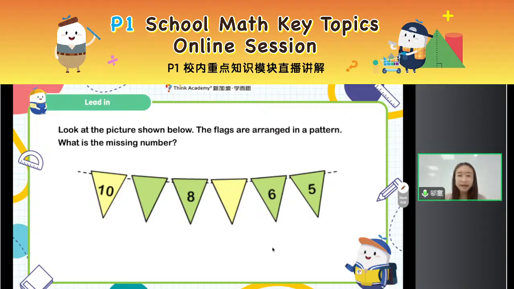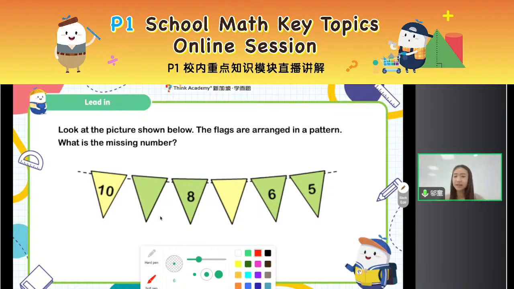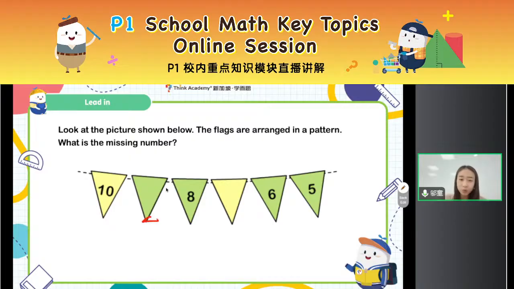Right now, let's look at all the numbers arranged on those flags. How is this pattern going? Is it still going up, or this time are the numbers going down? Yes, obviously this pattern is going down. What is missing between 10 and 8?